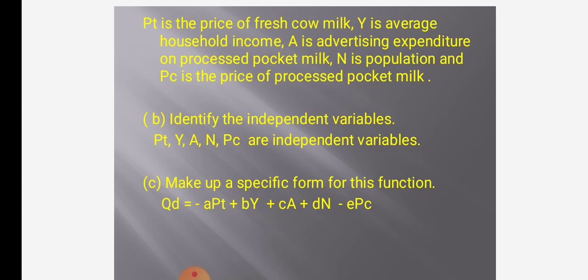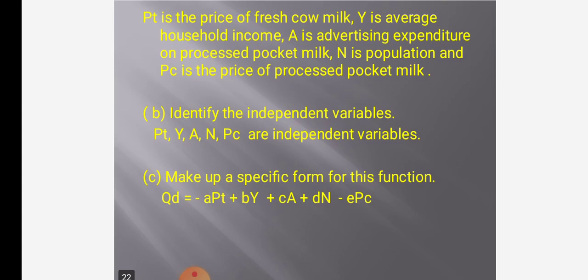Next is N, population. When the size of the family increases, quantity demanded also increases. That is the reason why N, which represents population, takes a positive sign. That is why we write plus DN, where D is the coefficient of population.